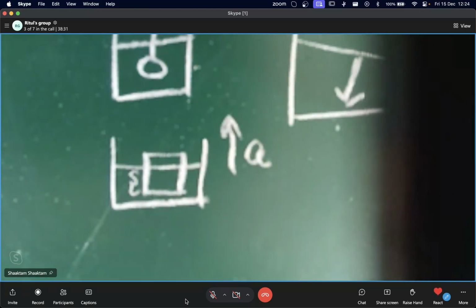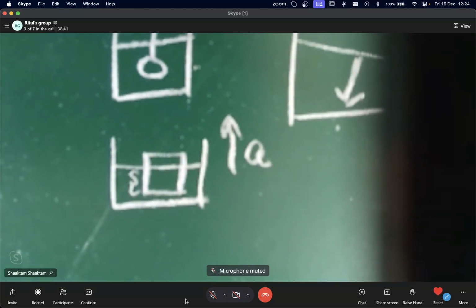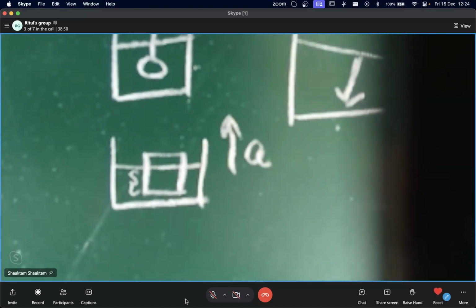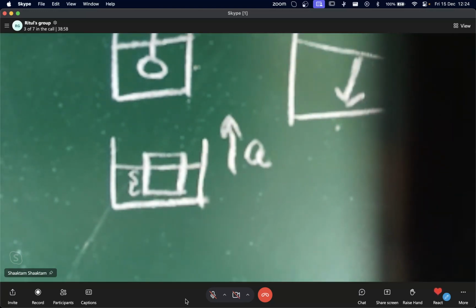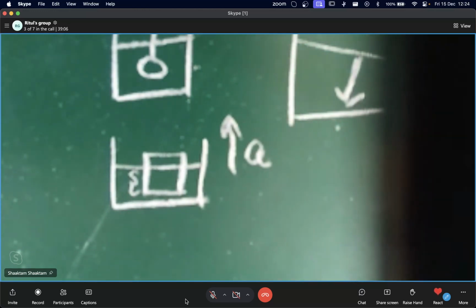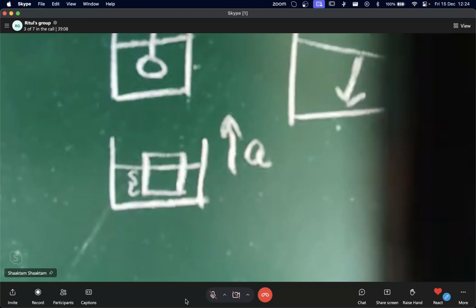The variation of pressure will no more read P equals P naught plus rho g h. It will read P equals P naught plus rho g effective h, for the part of the volume that is immersed in the liquid, so that depends on the density of the object and also on acceleration. The system, the beaker, is moving with acceleration upwards.